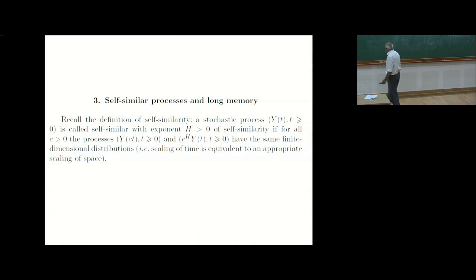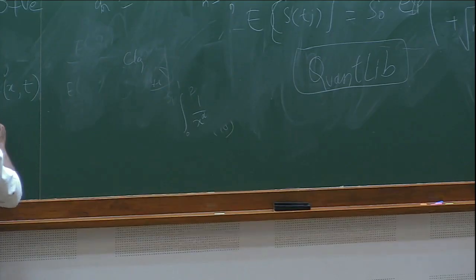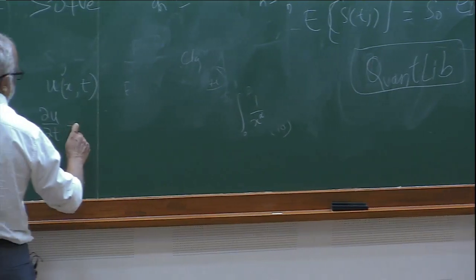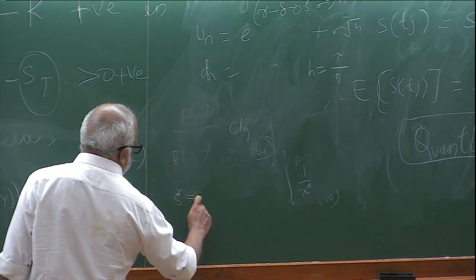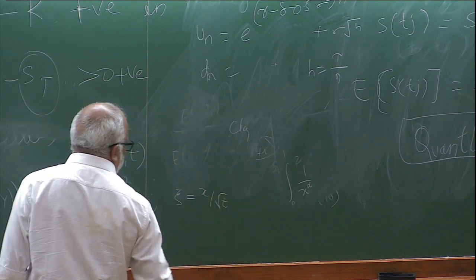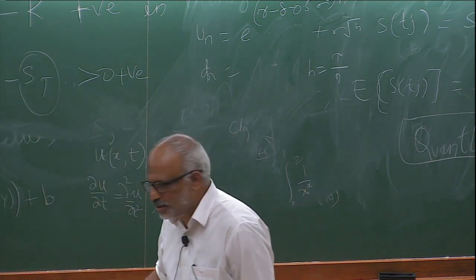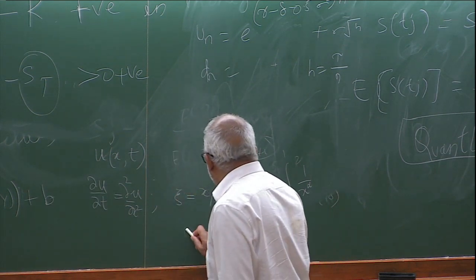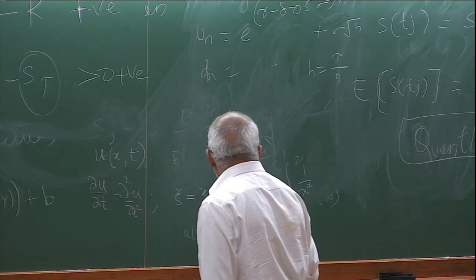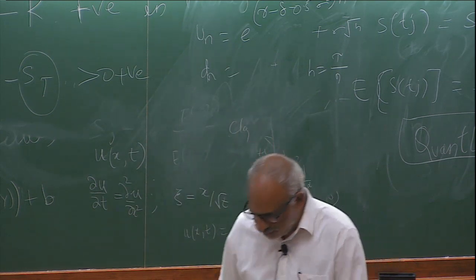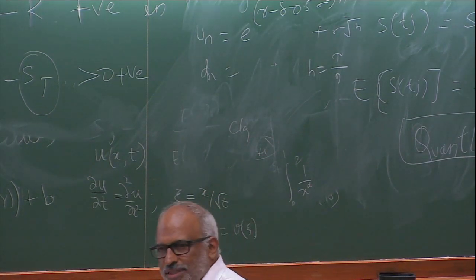That is exactly what happens if you look at, let us say, u as a function of x and t, satisfying du/dt = d²u/dx². Then when psi equals x by root t, you can write this as an ODE. Self-similar means you want your solution u(x,t) to be equal to some v(psi), a single variable. That's exactly what is here, except that there are no differential equations, there's only data here.